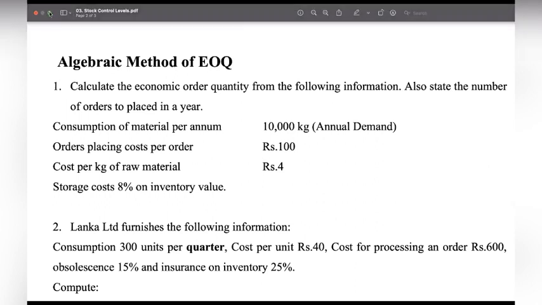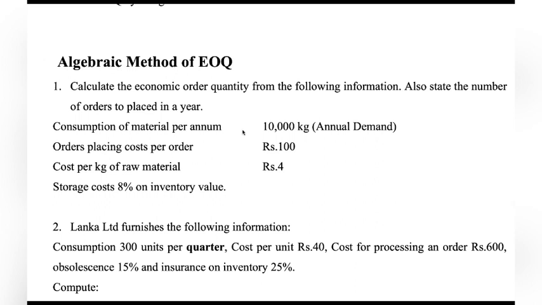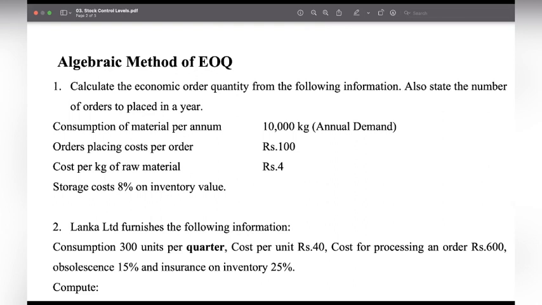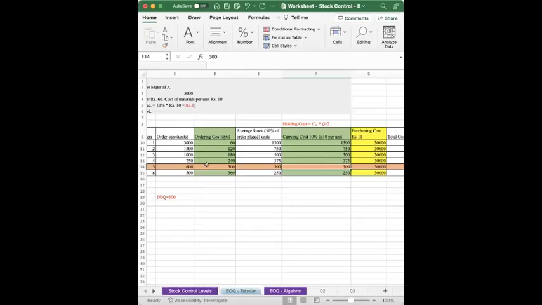So let's do the first question here. Calculate the economic order quantity from the following information. Also state the number of orders to be placed in a year. We are supposed to calculate the EOQ and number of orders. Let's go back to our Excel sheet.